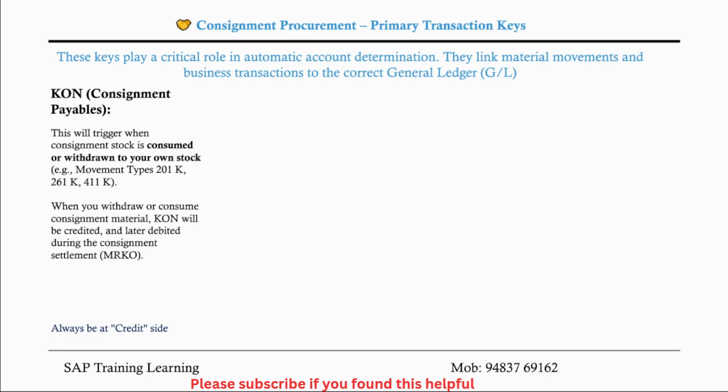And second, you change the ownership of the consignment stock to your stock and then start using it, meaning consuming it. In these two cases, this KON account will be triggered. This is a consignment stock and when you start using it, it gets reduced and will be on the credit side.